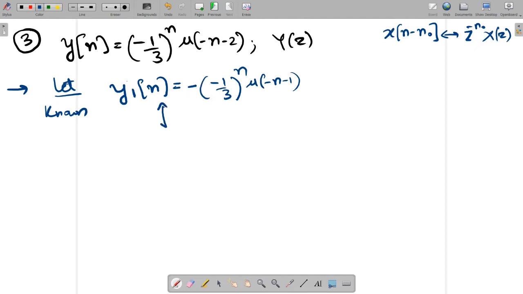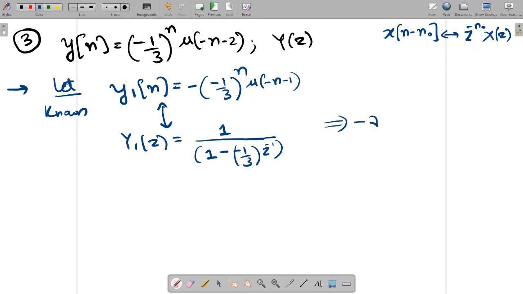We know the z transform of this, right? This y1 of z is 1 upon 1 minus a is minus 1 by 3 z inverse. How did we get this? The formula is minus a raised to n u of minus n minus 1. Z transform is 1 upon 1 minus a z inverse. Okay, we have used this formula.